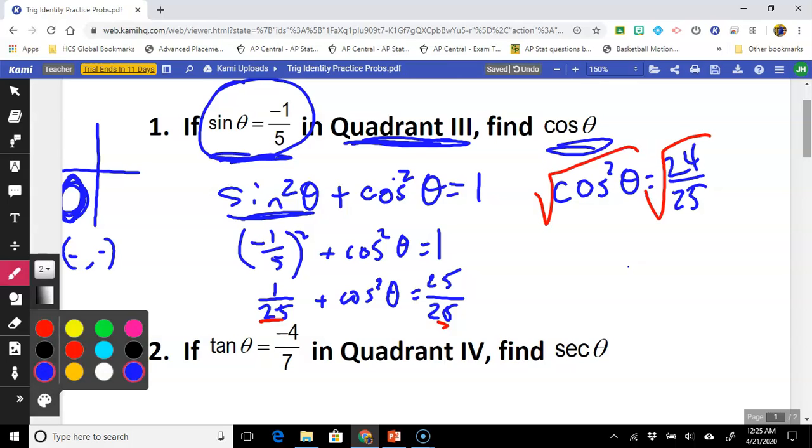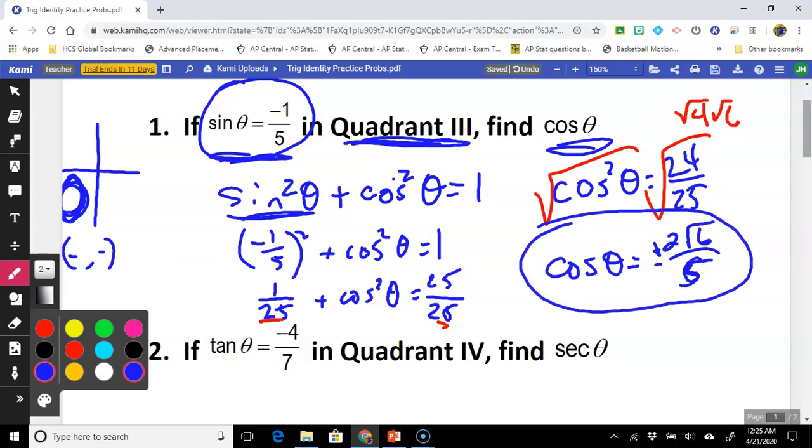Now, based on our rules that we've learned, we would take the square root of both sides, and that would leave me with cosine of theta is equal to positive or negative. The square root of 24, we can break into the square root of 4 and square root of 6. Hopefully you're okay with that. So that would be 2 square root of 6 over 5.